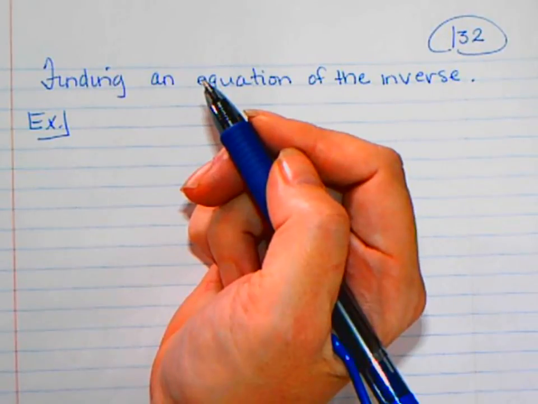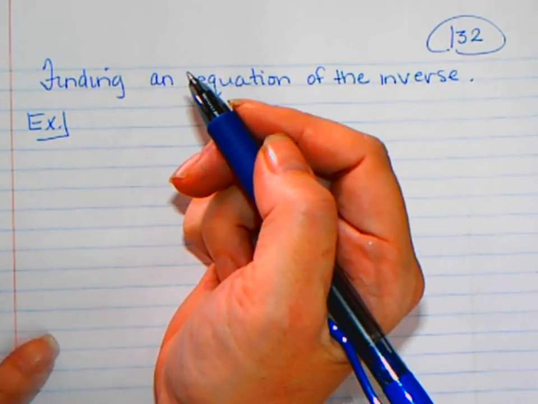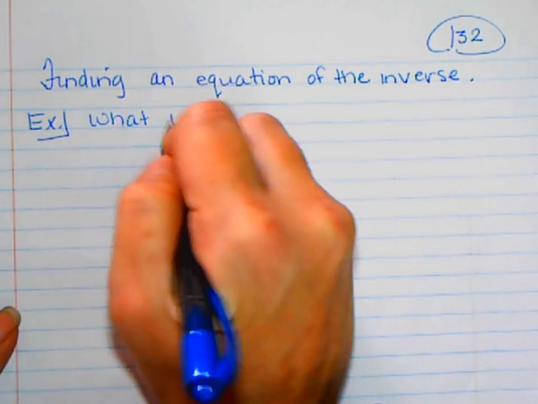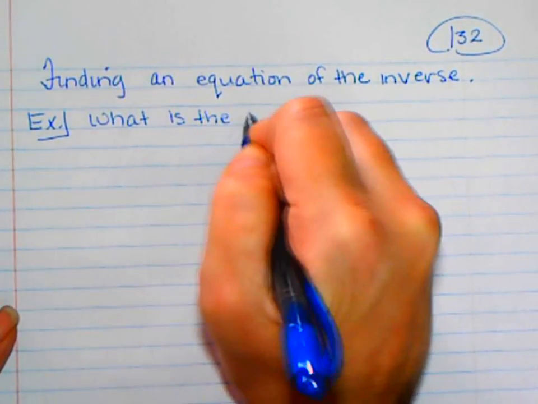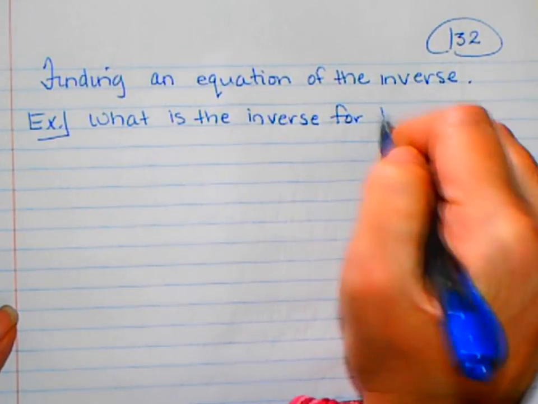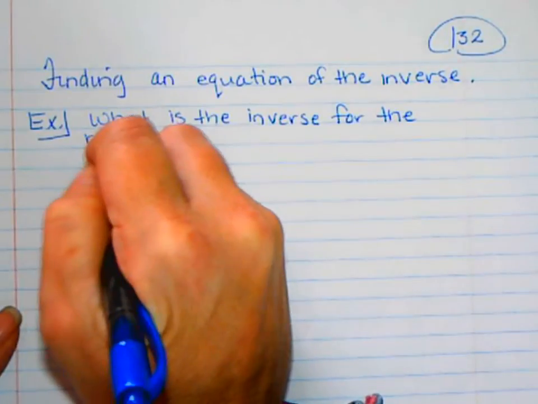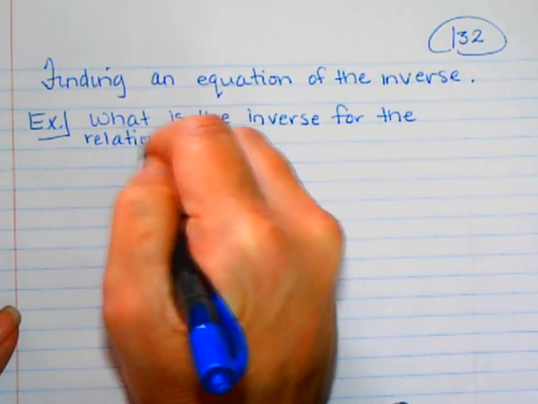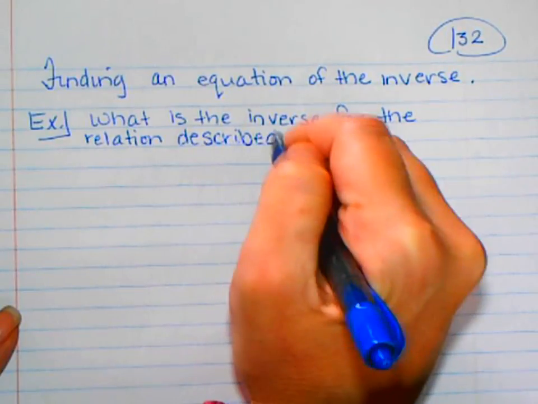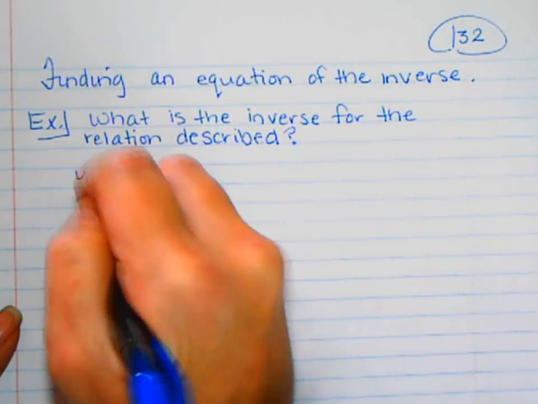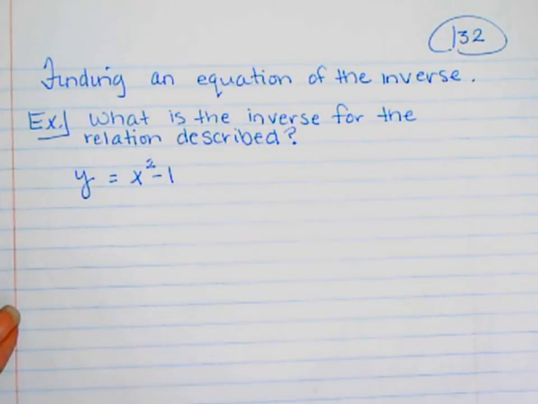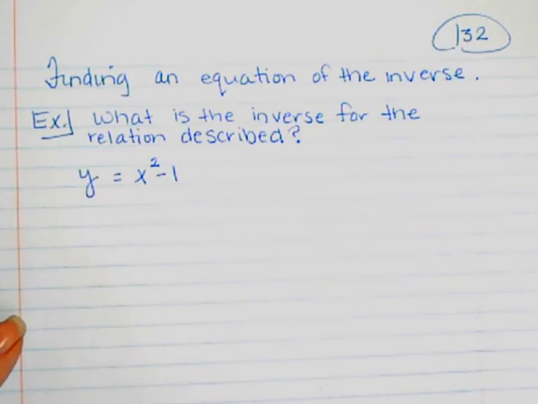For my example, the directions say, what is the inverse for the relation described? And y equals x squared minus 1 is my problem.